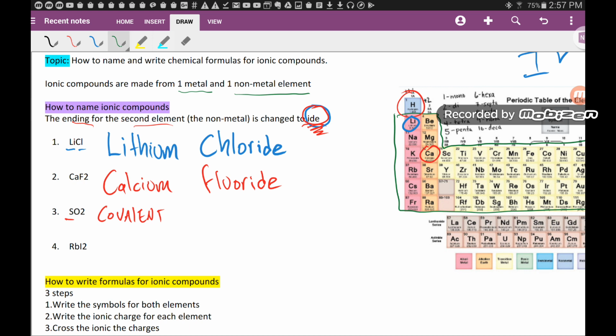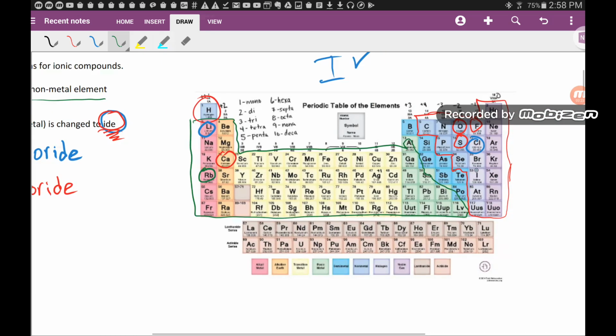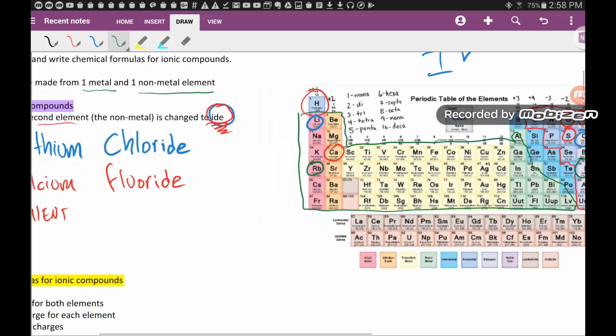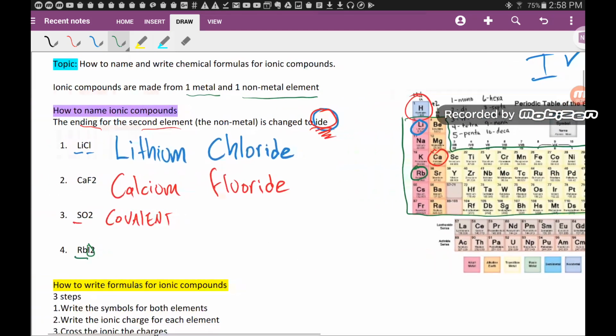Next example, we have rubidium. Rubidium is a metal, and iodine. So we have a metal and non-metal, which is an ionic compound. And to name ionic compounds, we change the ending of the second element to IDE. So we write the name of the first element, rubidium.